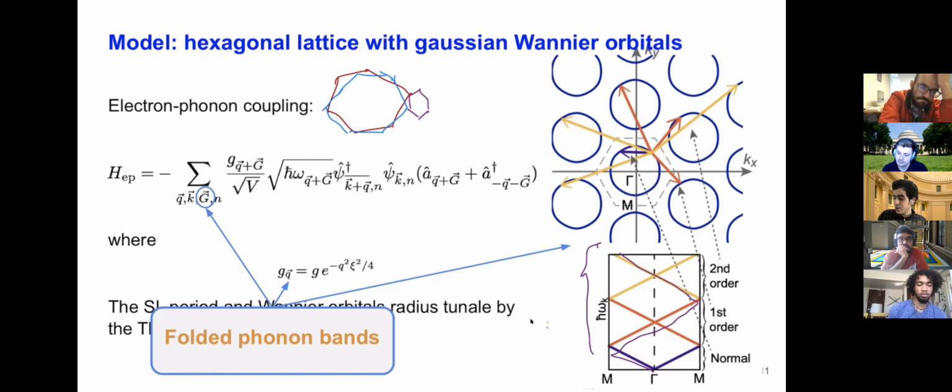And instead of describing this with the original momentum, which could be large for a phonon, I just equivalently write it as a small momentum inside the mini Brillouin zone plus a G, and G says which folding this phonon is coming from. G is a label for the reciprocal lattice vectors.